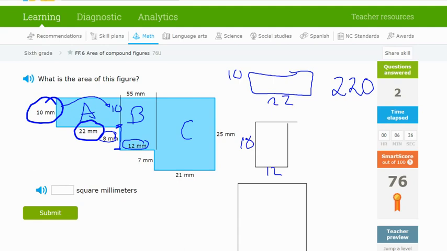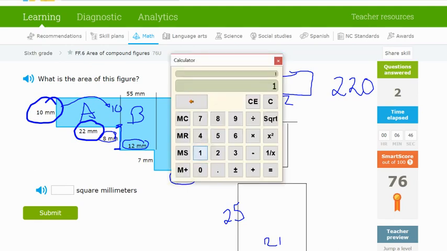In the last one, I have a base of 21. But then what's my height going to be? It's 21 and 25. And so in B, I have 12 times 18. And I don't know that off the top of my head, so I'm going to use the calculator.